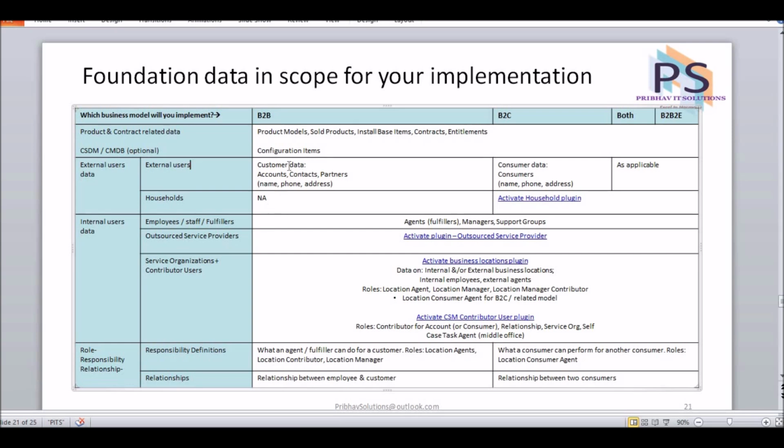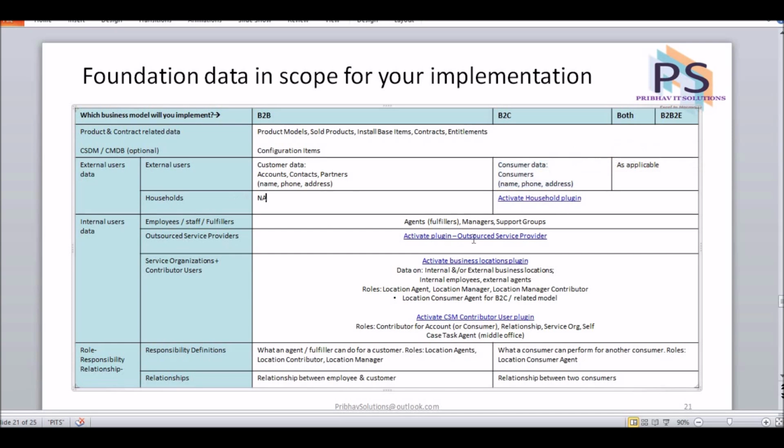So we need to maintain the customer data like accounts, contacts, partners, their name, phone and address, who is the primary contact, and who are the other contacts. In case of consumers, we need the consumer data: name, phone and address and other details.